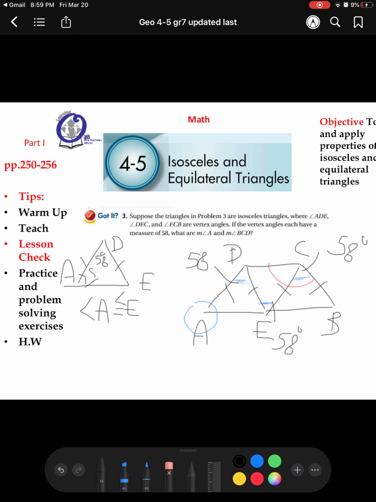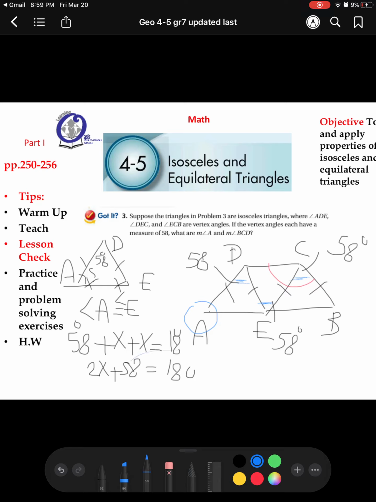This means if this is X, this is X. So 58 plus 2X equals 180.